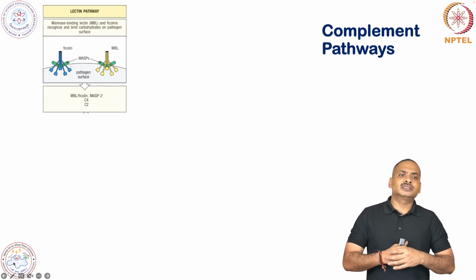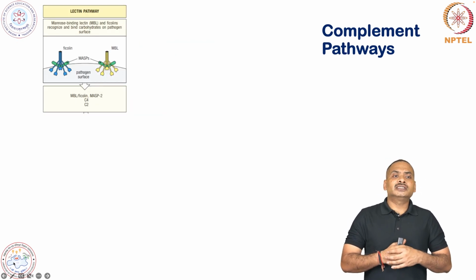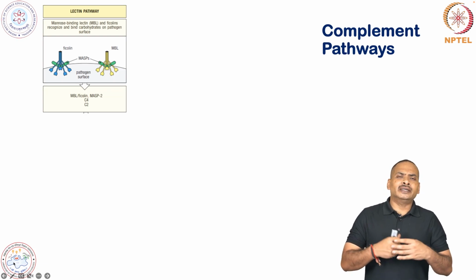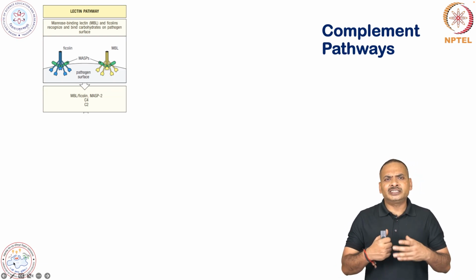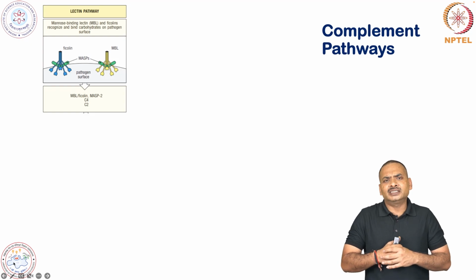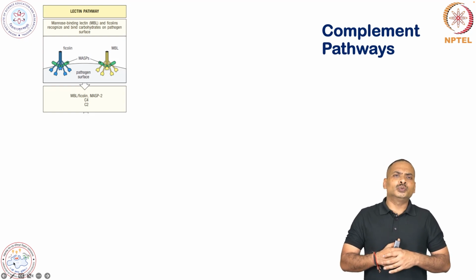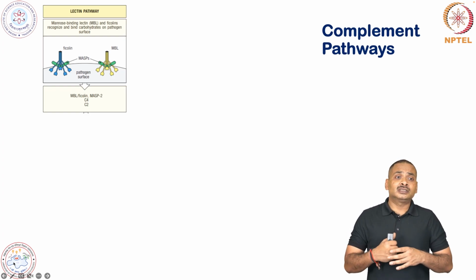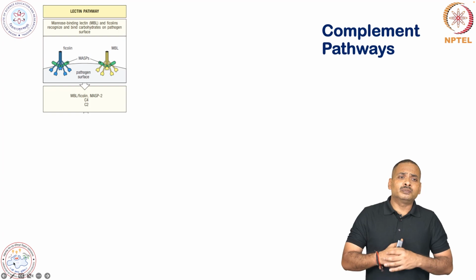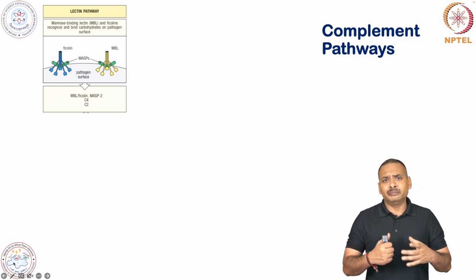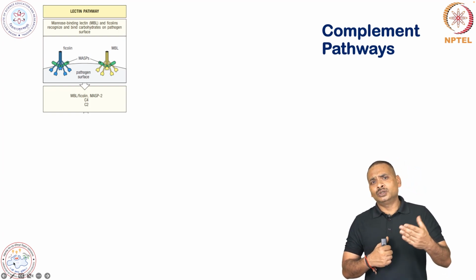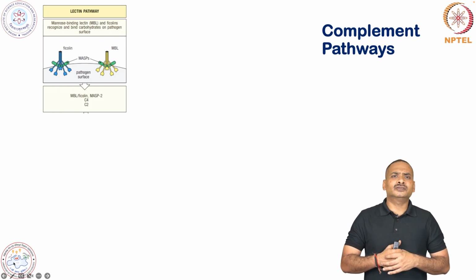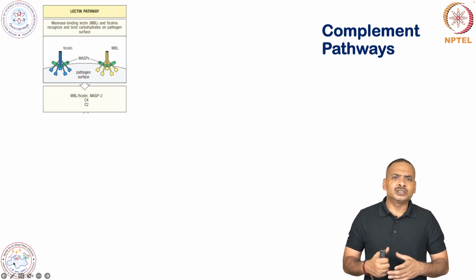Another pathway is the lectin pathway. I have told you there are lectin proteins. So what is a lectin? A lectin is a protein molecule which binds to sugar molecules. This lectin pathway is triggered by mannose binding lectin, MBL. I told you about this in the previous session when I was discussing the humoral component.